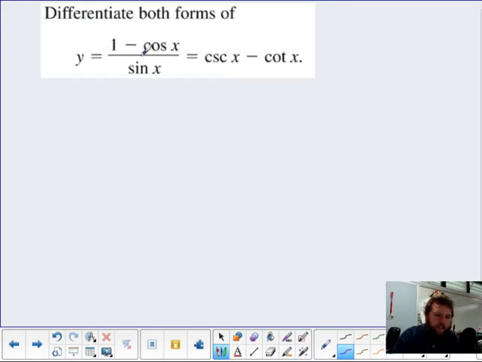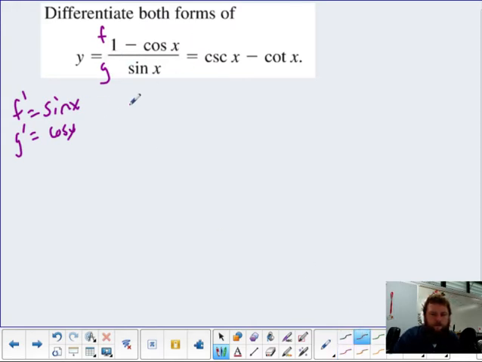So on the left-hand side, this is basically like breaking up that fraction. I'm going to treat this like a quotient rule, where that's my f and a g. That means my f prime would be positive sine x, and my g prime would be cosine of x. So I'm going to do that work for the left-hand side.